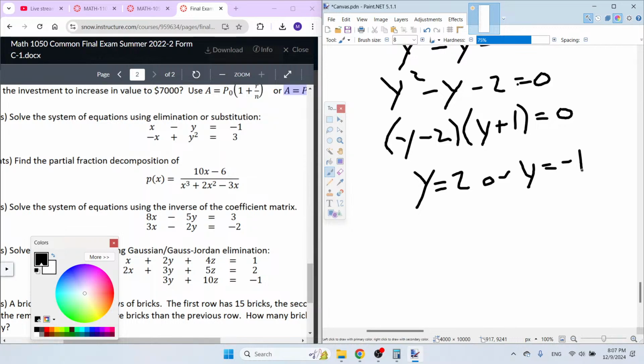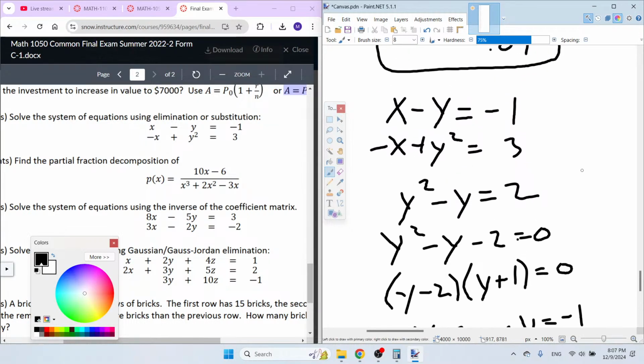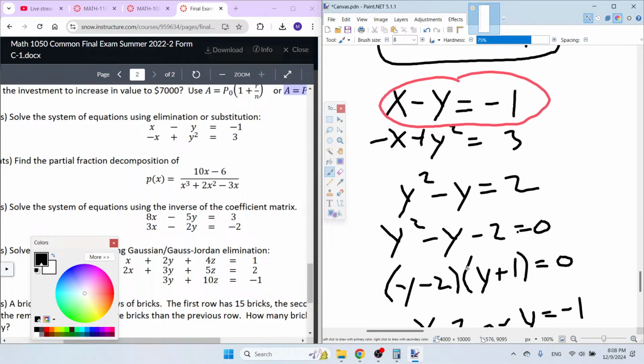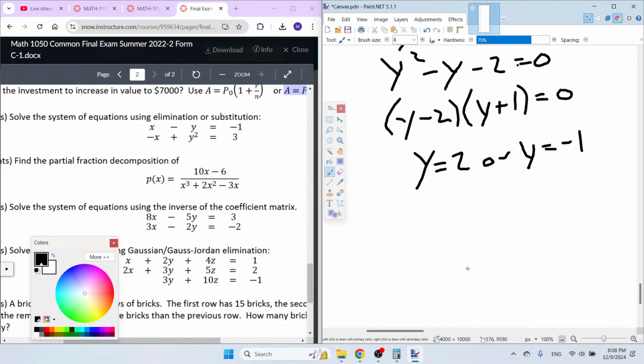And we plug that into one of the two equations. I think that we should plug it into the top equation because that is going to be easier than plugging it into the bottom equation. So we get x minus y equals -1. That's the same as x equals y minus 1.